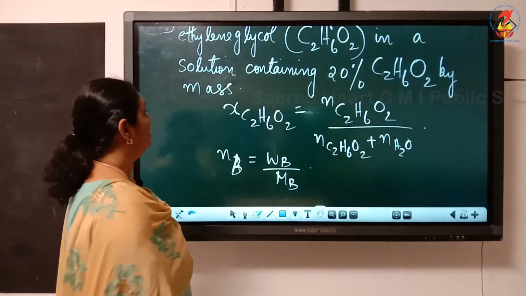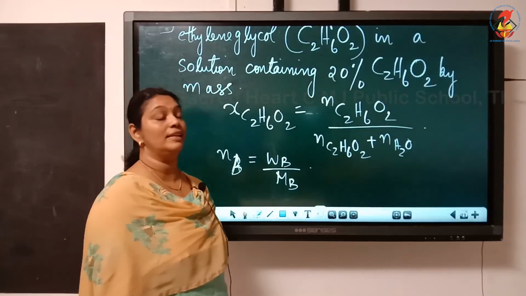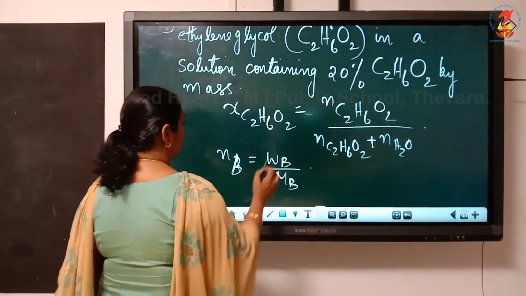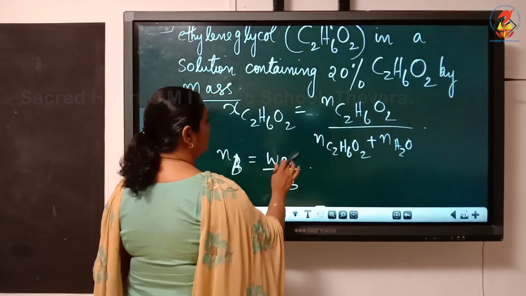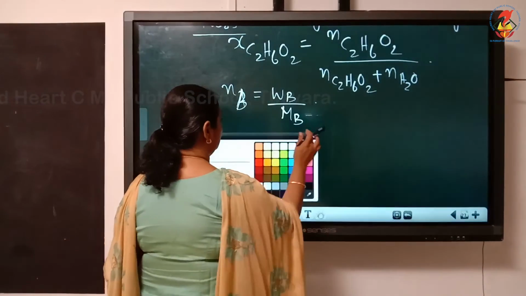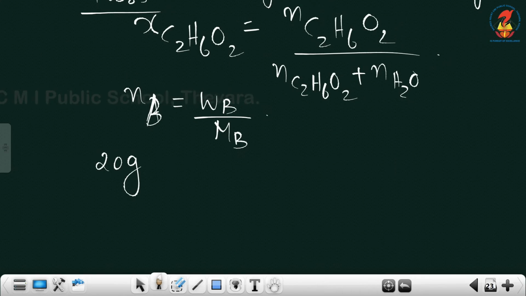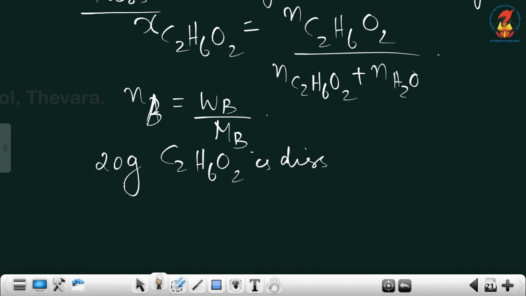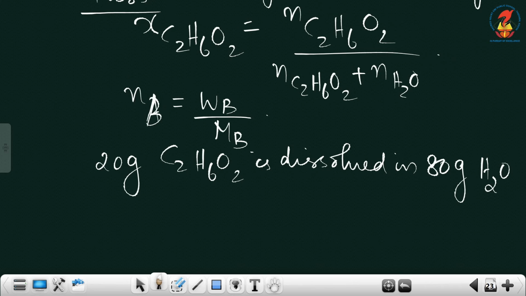It's given in the question, solution containing 20% ethylene glycol by mass. So what's the meaning of that? It means that 20 gram ethylene glycol is dissolved in 80 gram water, so that total mass of the solution is 100 gram. Now here WB will be 20 gram and WA is 80 gram.